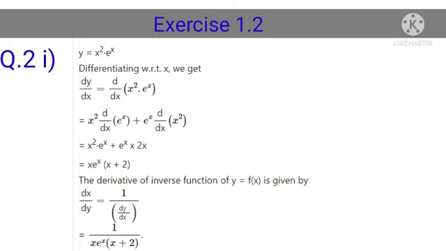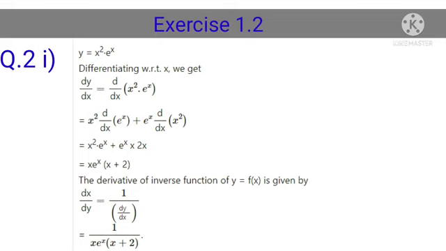So we get x square into derivative of e raised to x plus e raised to x into derivative of x square. x square as it is, derivative of e raised to x is e raised to x, plus e raised to x into 2x. Here x into e raised to x is common. So what remains? x plus 2.